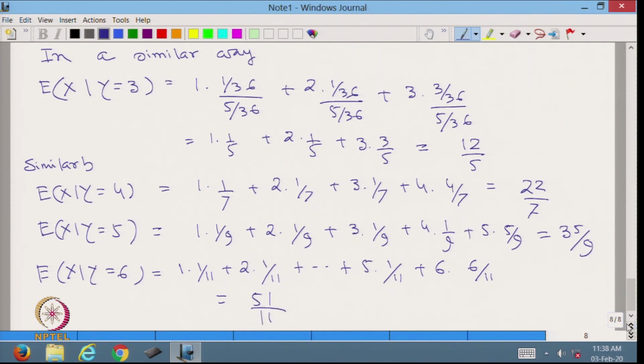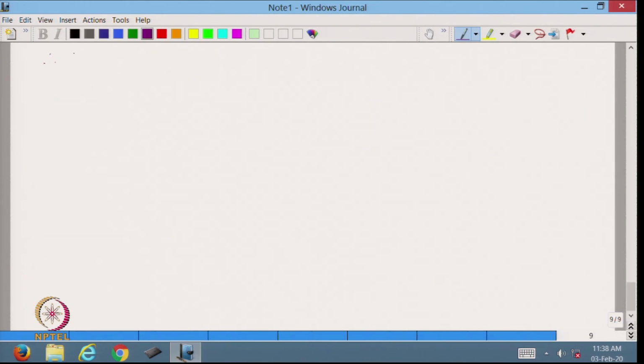So, we have seen that the expected value of x given y is equal to y is a function of y.